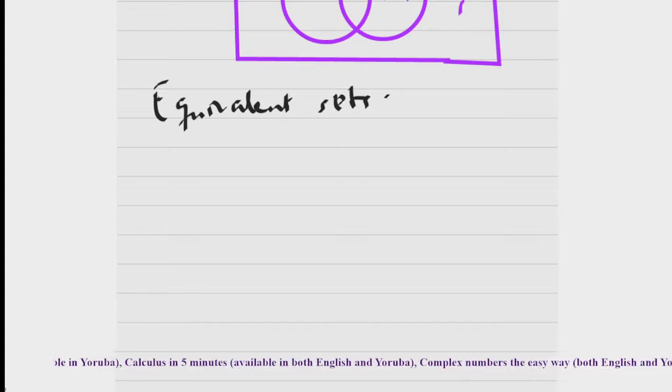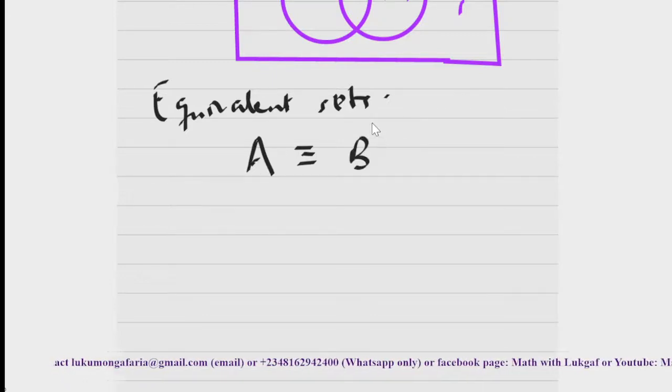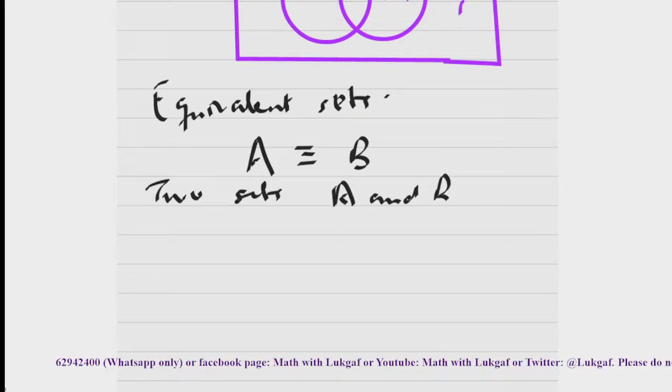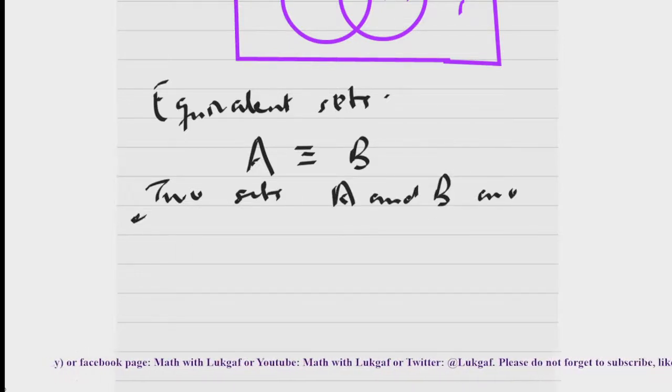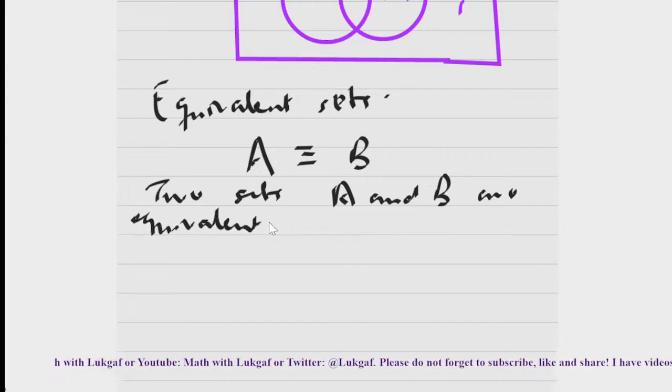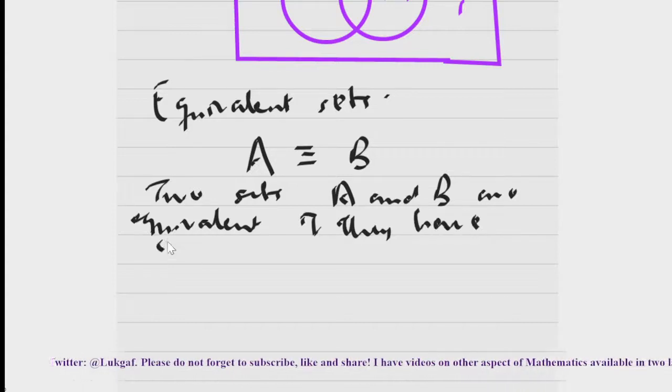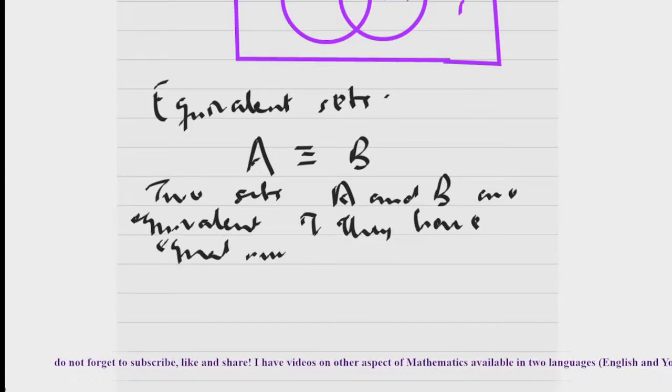Equivalent sets: two sets are said to be equivalent if they have what? Equal numbers of elements. It is denoted by this. Remember, equivalent is denoted by this. Then you say A is equivalent to B. That is, two sets A and B are equivalent if they have an equal number of elements.